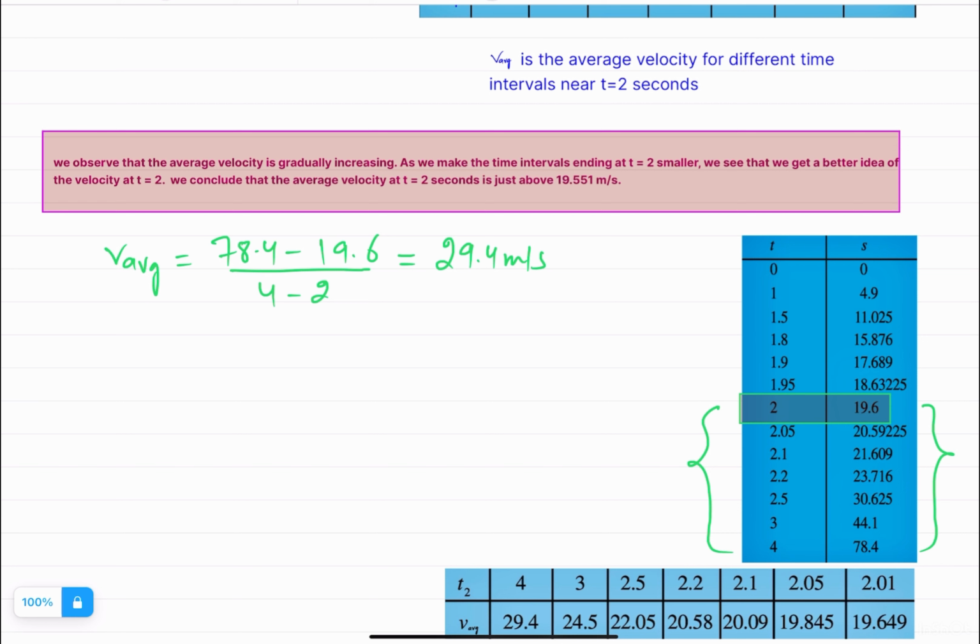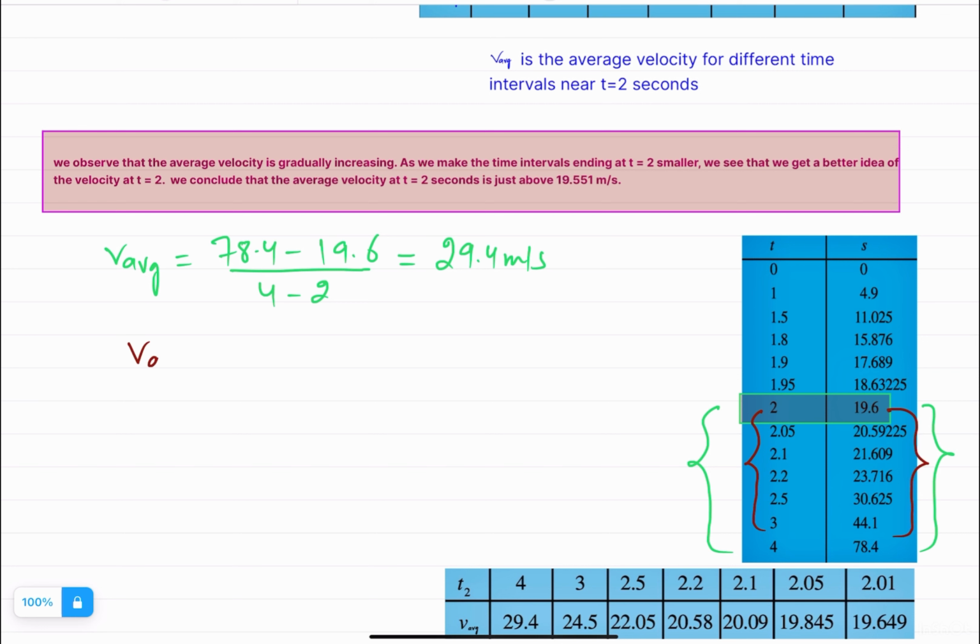Now again, what if instead of 4 we take the interval 2 and 3 seconds, and the distance or displacement along with it is 44.1 and 19.6.